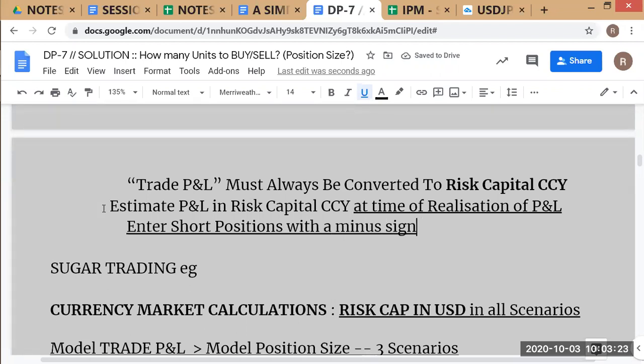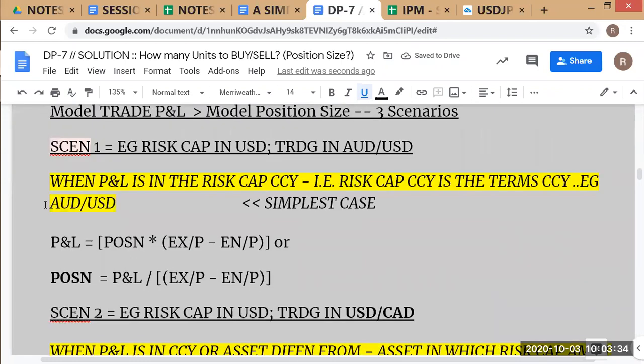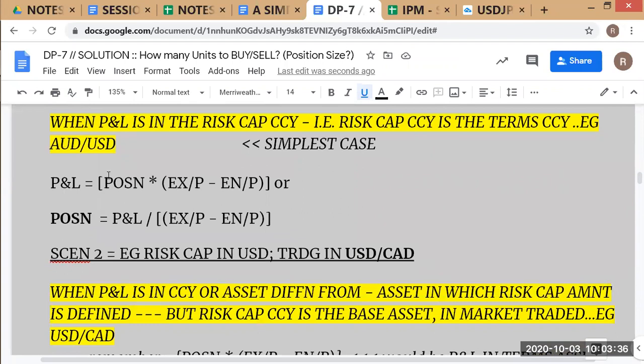Enter short positions with a minus sign. If you do that, essentially what will happen is this thing here. You can see this formula here, the simplest case of a P&L. What is the P&L in a particular case? You've seen this also before.